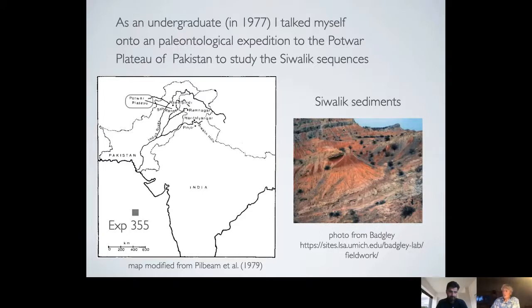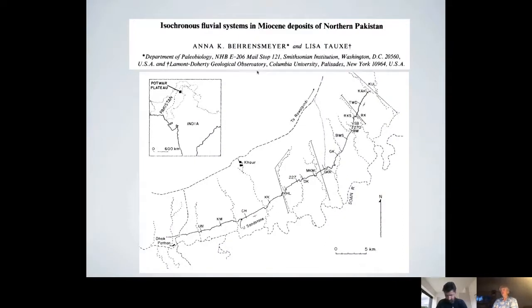That was the first project, which with the help of Kay Behrensmeyer, we published. And this is the trace of one of the sandstones that we call the U sandstone. I took little sections across this sandstone in these places, and tracked the reversal.